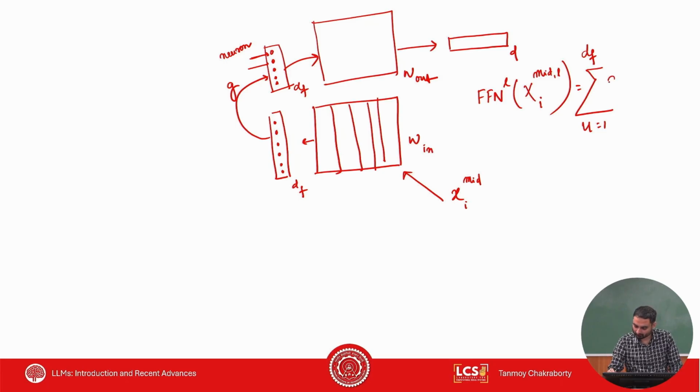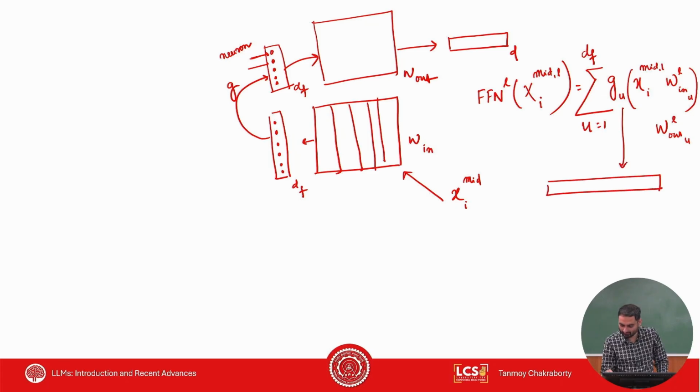G of u, xi mid L, W in is the matrix, and u is the corresponding column, and W out L u.